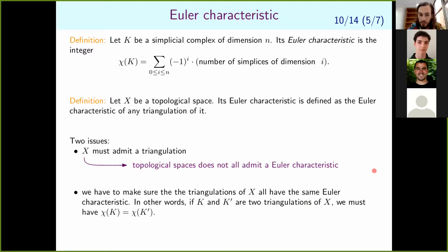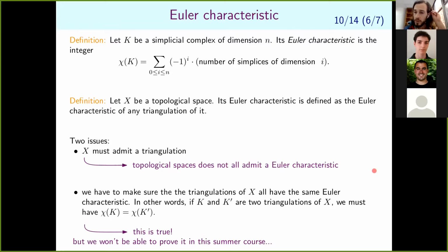Fortunately for us, this is true. Any two triangulations of the same topological space have the same Euler characteristic. Though we will need to develop some theory to prove that, and we won't have the time in this summer course. So please accept this statement.